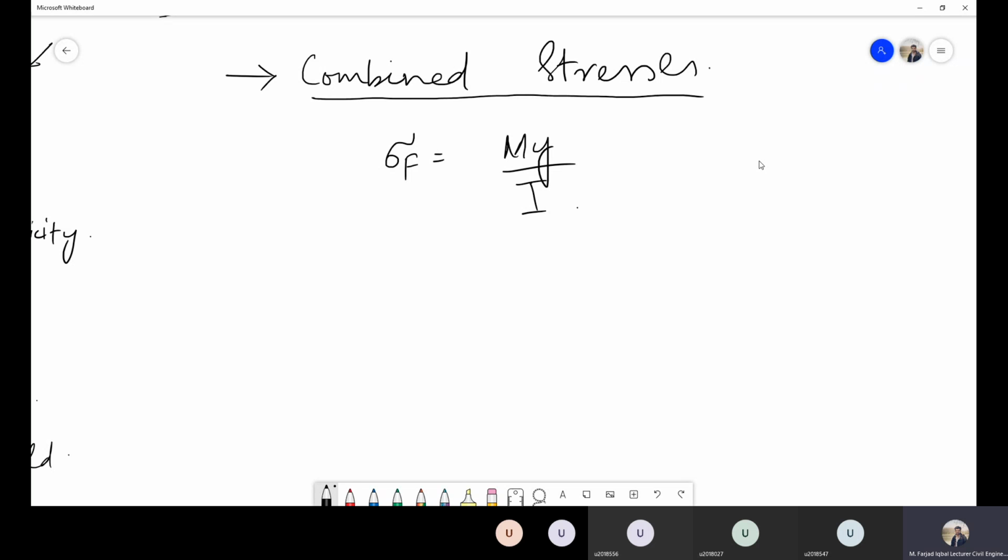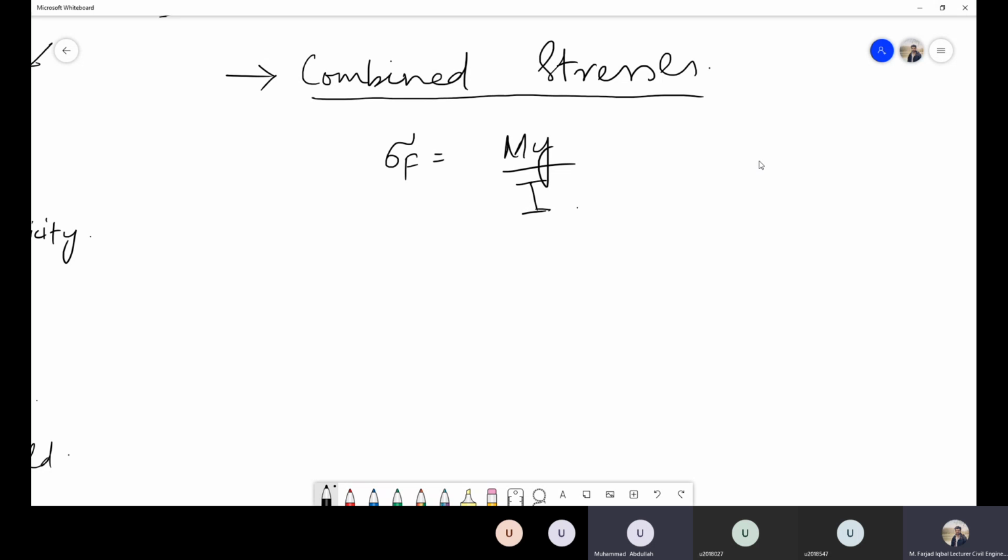Abdullah, is this a normal stress or a parallel stress to the axis? Sir, I think it is a combination of both.